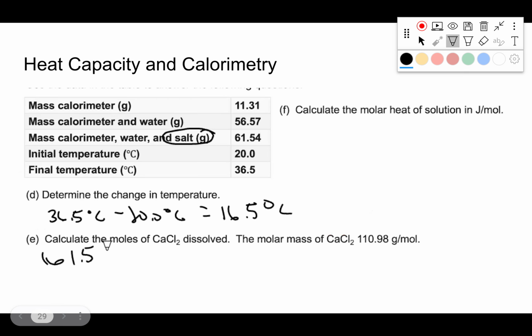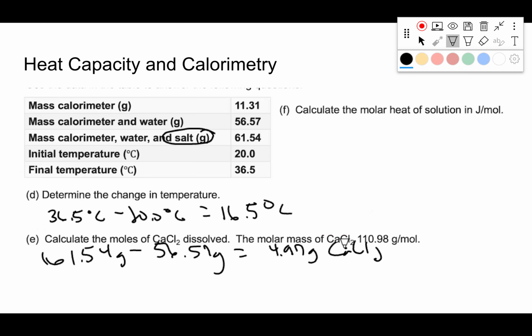So I'm going to do 61.54 grams minus the 56.57 grams. And that is going to give me 4.97 grams of CaCl2. That is my salt alone. This one is asking just for the salt, just for the CaCl2. And so then I've got to do a basic gram to mole conversion. So I know that I have 4.97 grams of CaCl2.